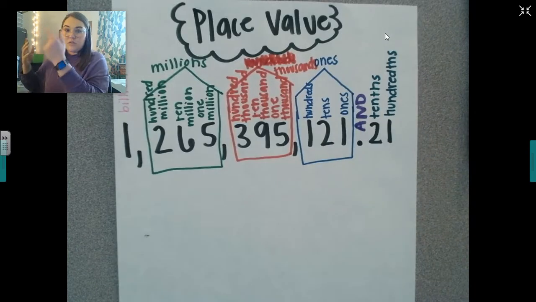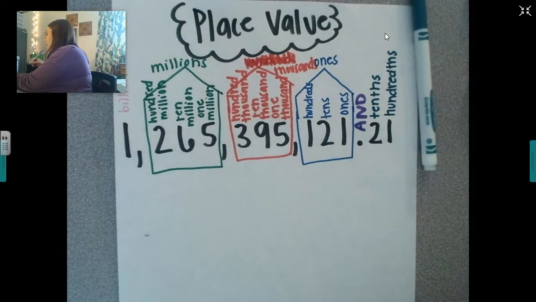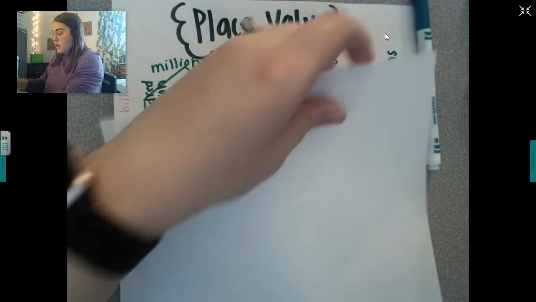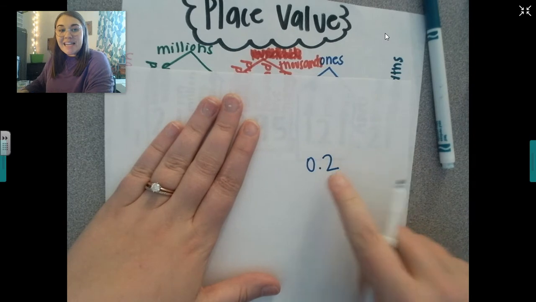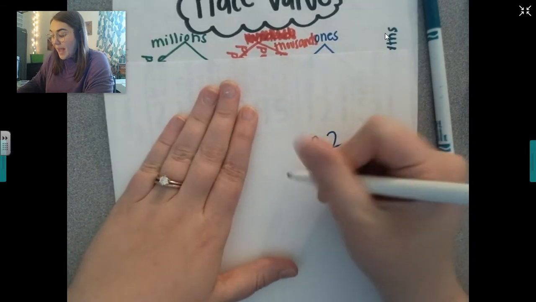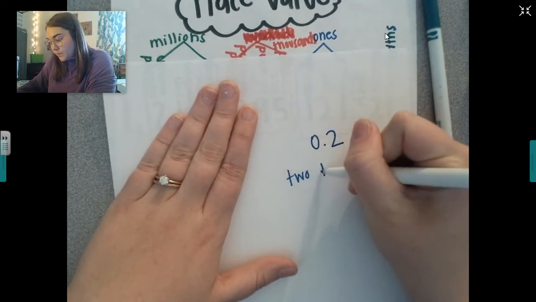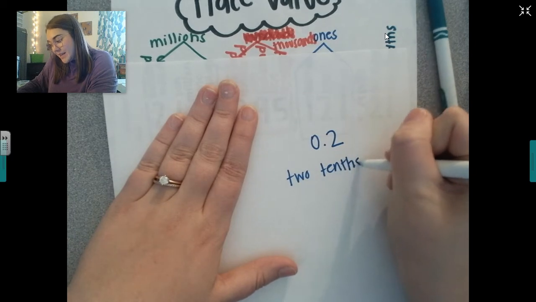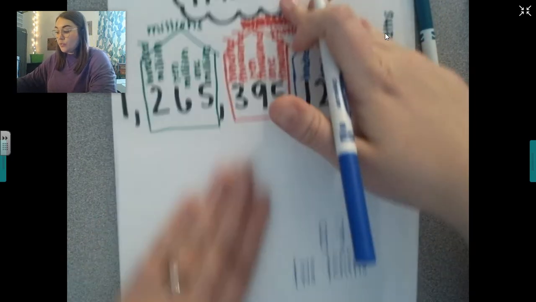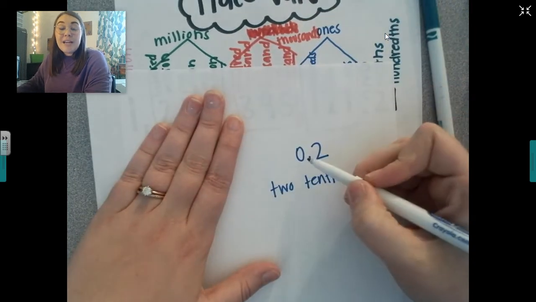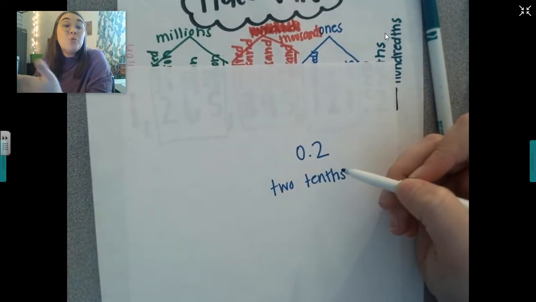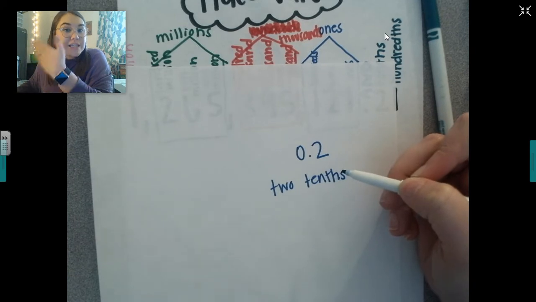So just like the comma here, when we get to the end of our decimal, we read whatever that last place value is. So if I were to have 0.2, this is in the tenths place value. So this would be read 2 tenths. Because just like our period, when we read the house, when we get to the comma, we read whatever place value you end with when we get to the decimals.